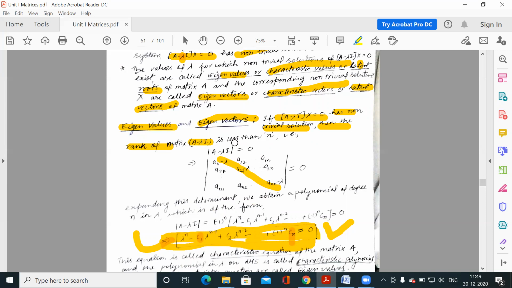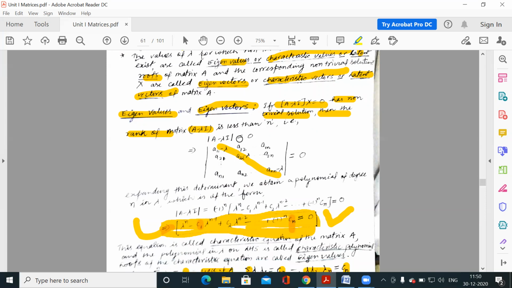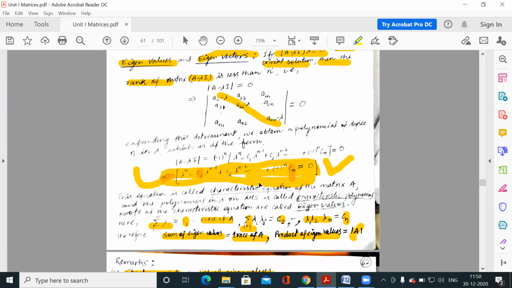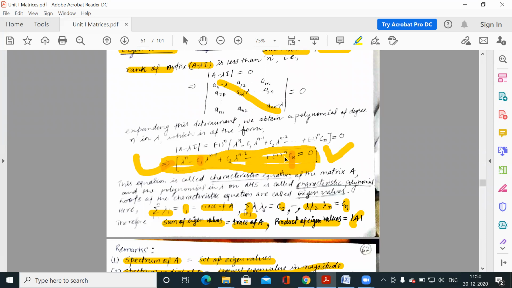This is our characteristic equation, of degree n in lambda, and the roots of this equation are called eigenvalues.